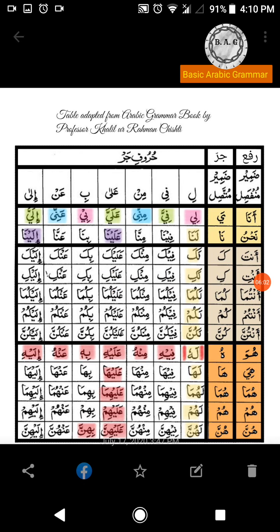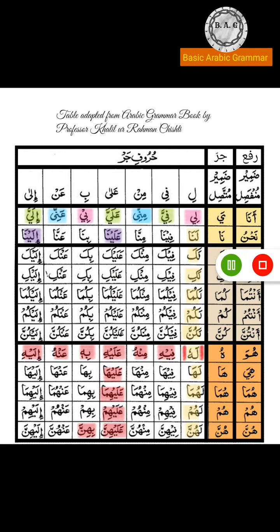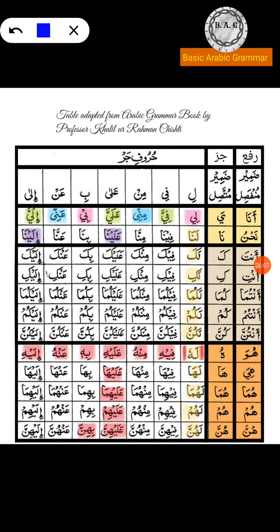What do we have here? Lahu. Here the preceding sound is la, so lahu and not lahi. Fihi, the preceding sound is e, therefore it's fihi and not fihu. Minhu, the preceding sound is actually a sukoon, but it doesn't require a kasra.